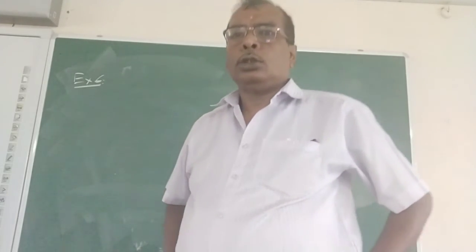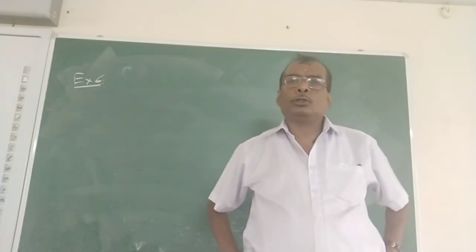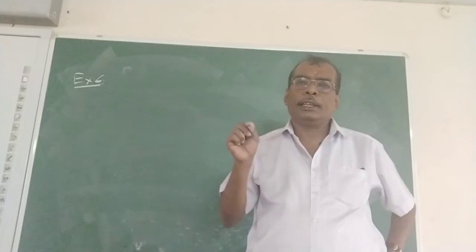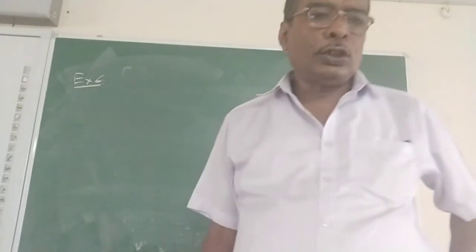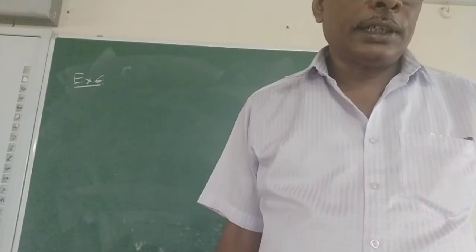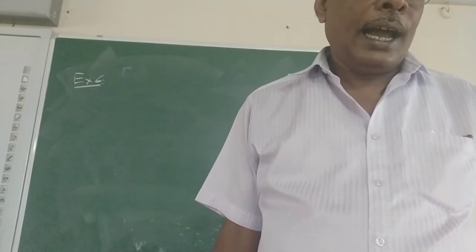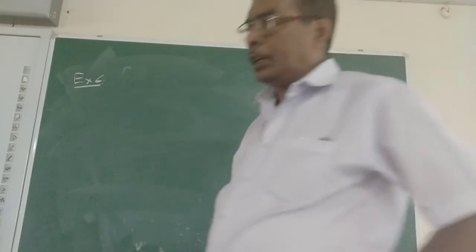Better you avoid that figure, read the question and draw the figure by yourself. In the adjoining figure, ABCD is a parallelogram. AO and BO are the bisectors of angle A and angle B, and they intersect at the point O. You have to show angle AOB equals 90 degrees.